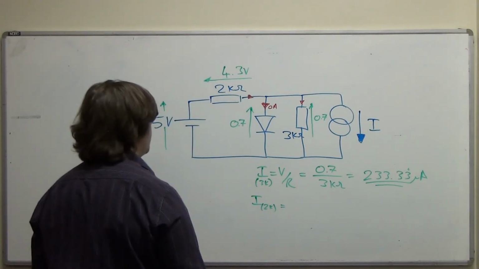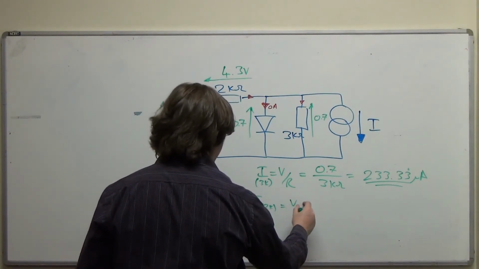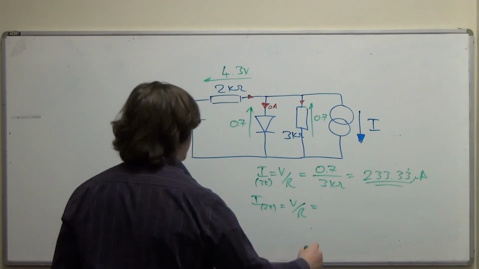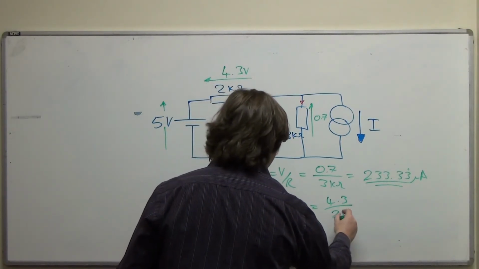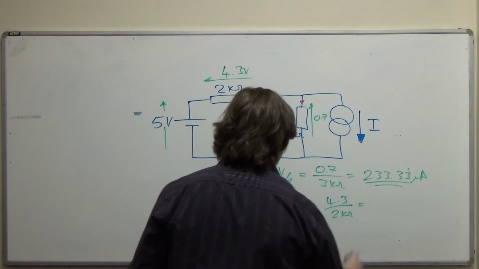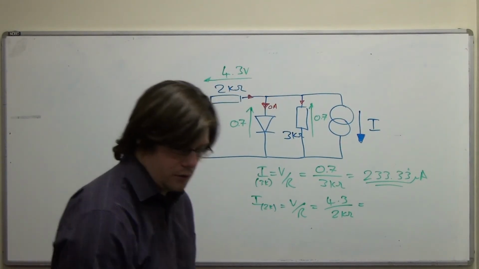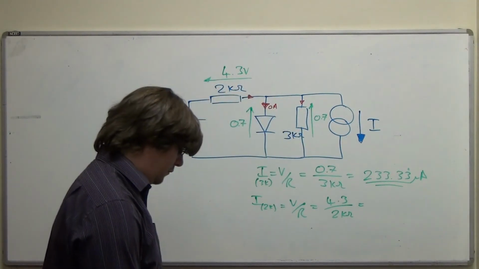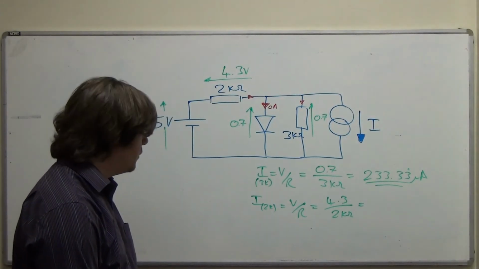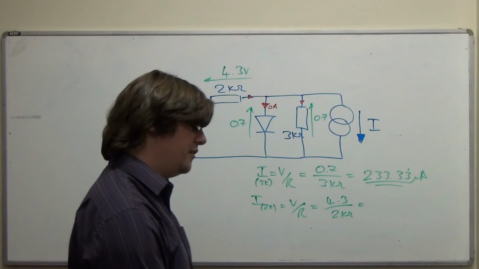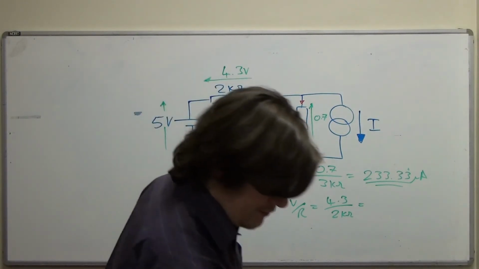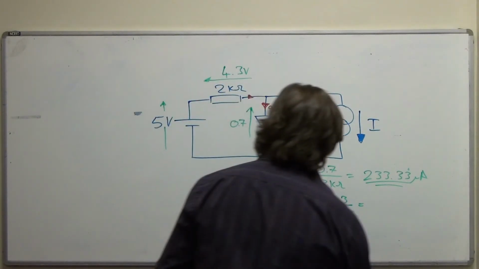will be 4.3 V upon R, it's 4.3 divided by 2 kilo ohms, which is 4.3 over 2E3, 2.15. How did I not do that in my head? 2.15 milliamps.